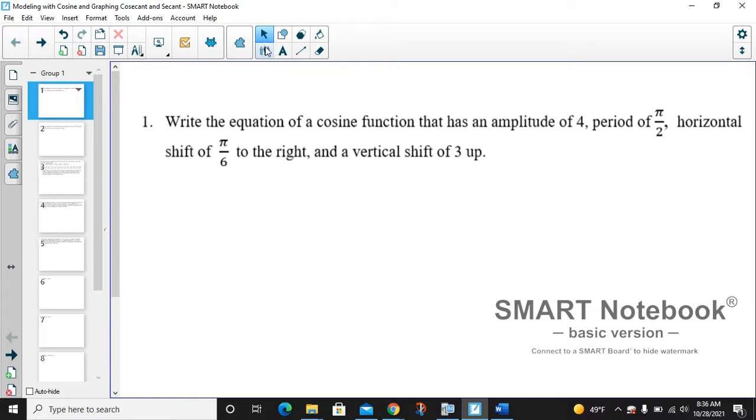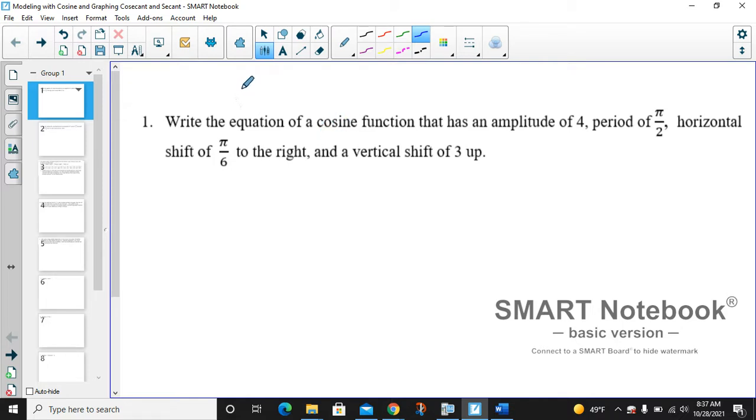All right, so without further ado, this problem says to write the equation of a cosine function that has an amplitude of 4, a period of pi over 2, a horizontal shift of pi over 6 to the right, and a vertical shift of 3 up. Now it says a cosine function here.